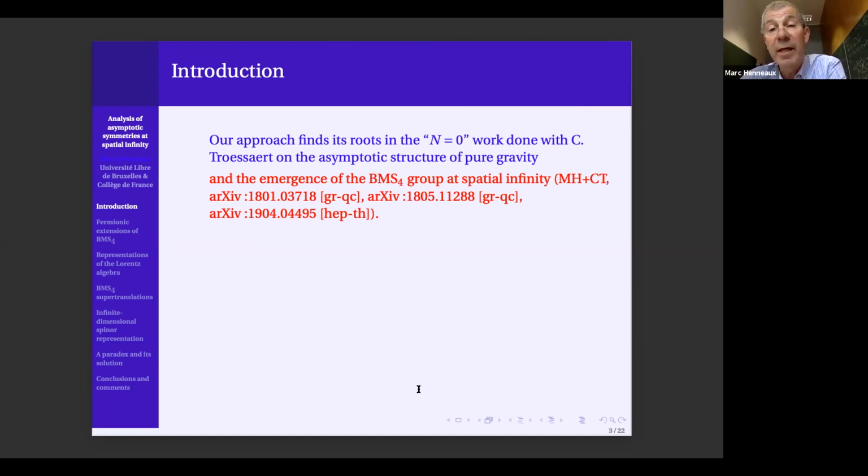And we did that with Cédric Troessaert in the n equal to 0 case, so pure gravity, and we wanted to extend that to supergravity.